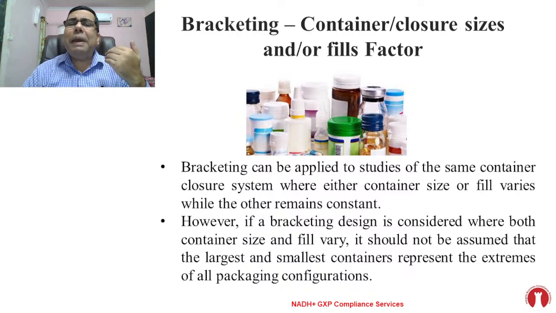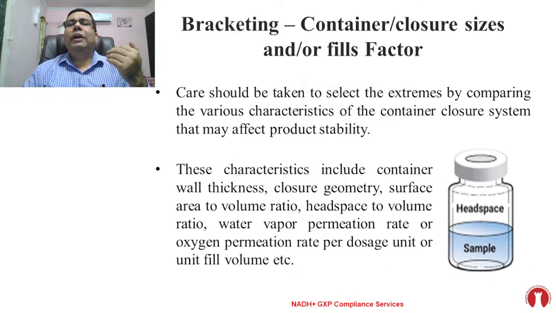So many parameters are there. So you should not assume that with different packaging components it will definitely comply. That is what the next slide explains about the container closure.